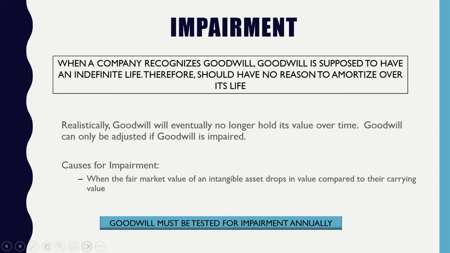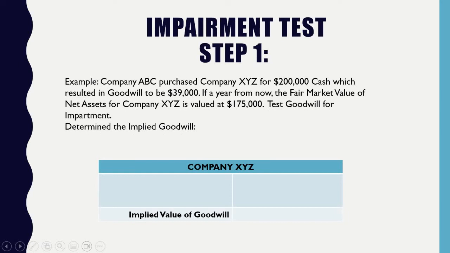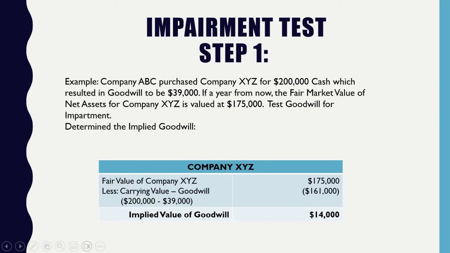Okay? So now we're going to go ahead and test if goodwill has become impaired. Okay? So how do we test that? Well, we're going to compare when we purchased our company versus what it is right now. Okay? So right now, the fair market value of company XYZ is worth $175,000.